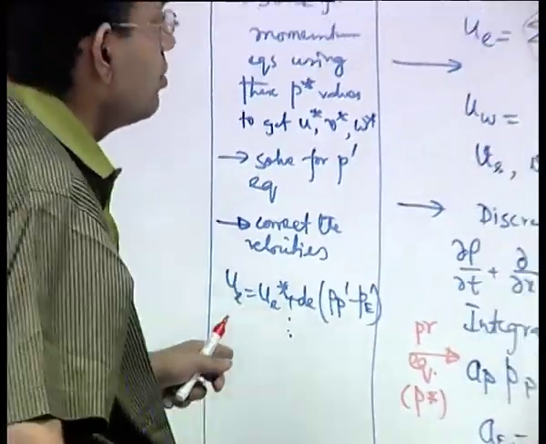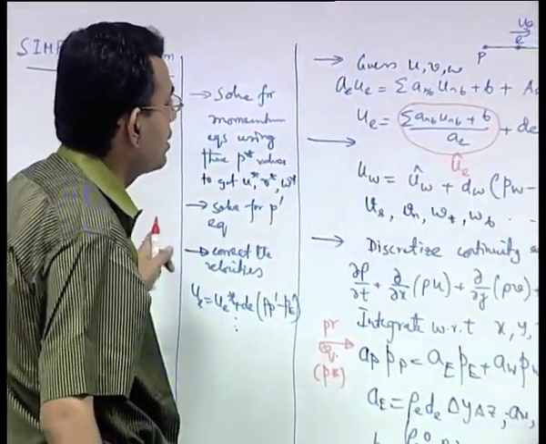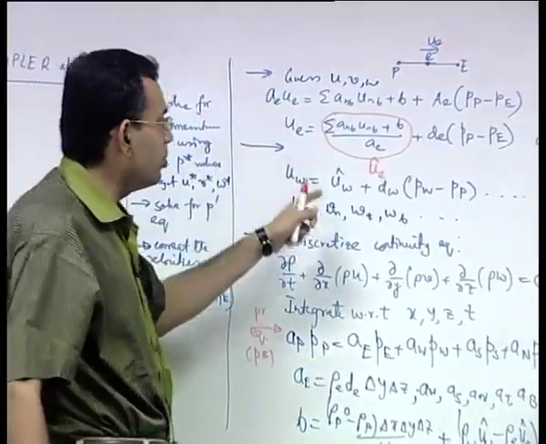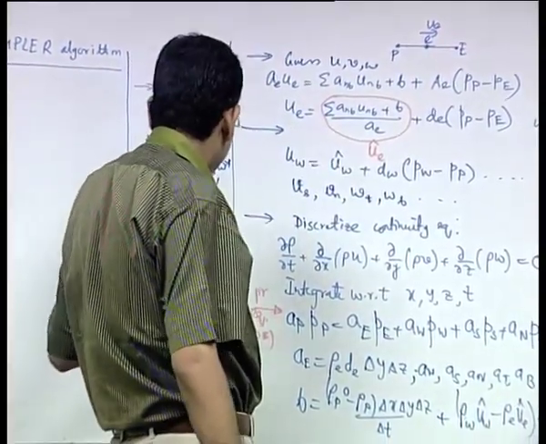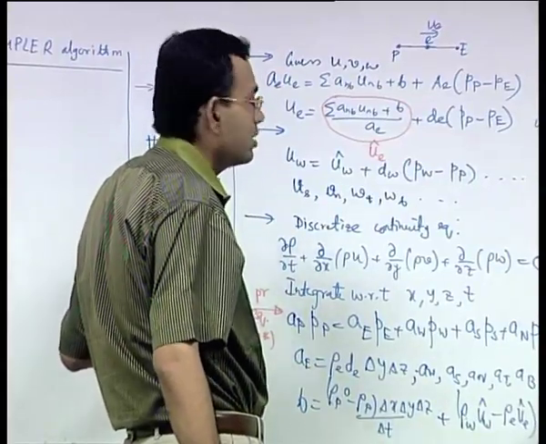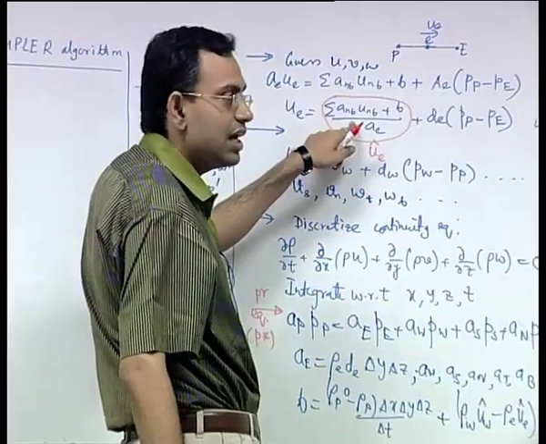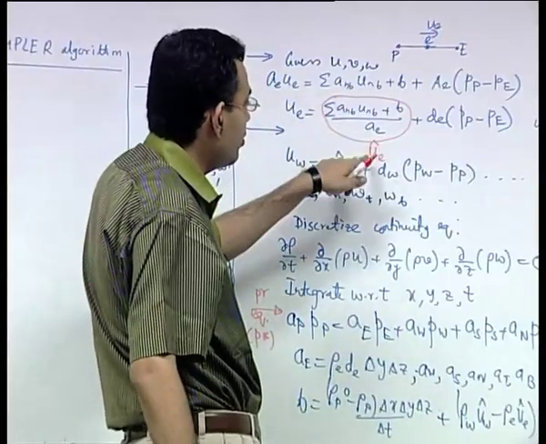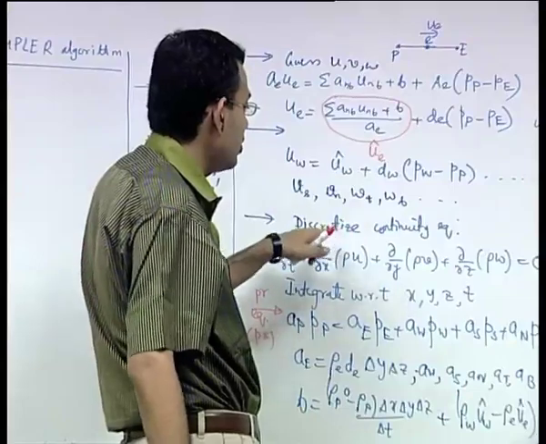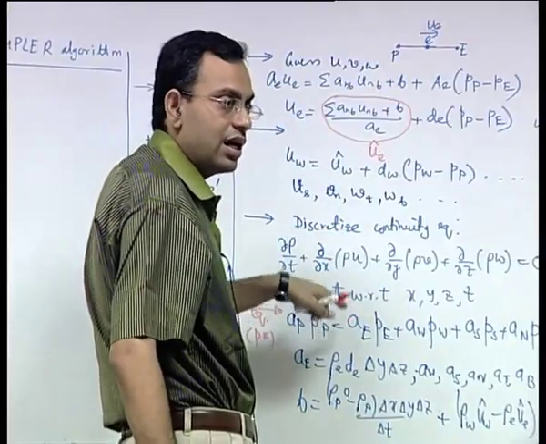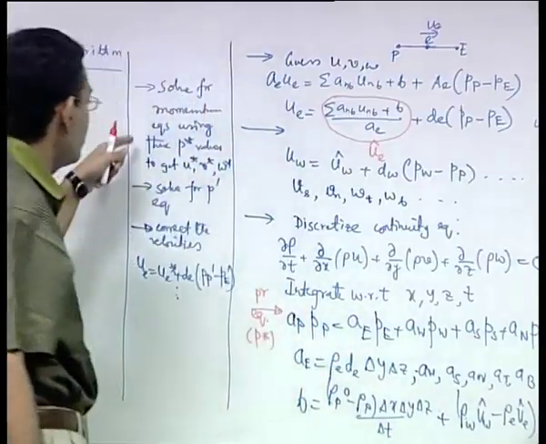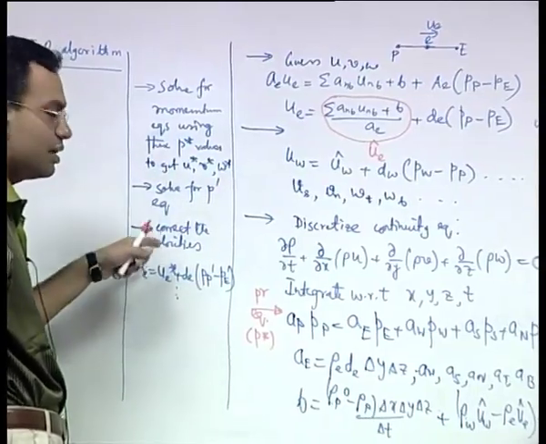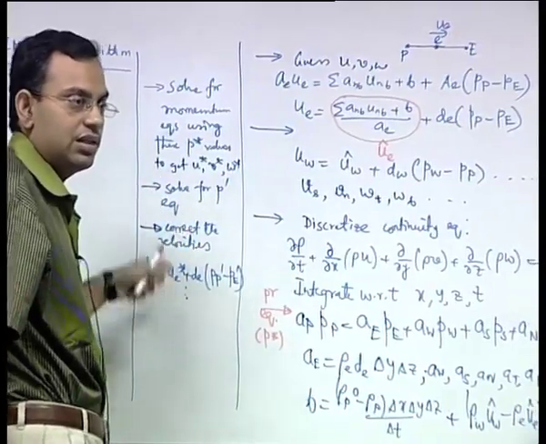So with these new correct velocities you again go back to the iteration loop, where now these velocities will be the new guess values of velocities. Earlier you had some initial guess, now that initial guess will be replaced by this updated guess. With this updated guess you now can calculate u hat, v hat and so on, and then you can calculate the pressure, and again the momentum equation may be solved for new velocities and those velocities may be further updated by using the pressure corrections and so on.